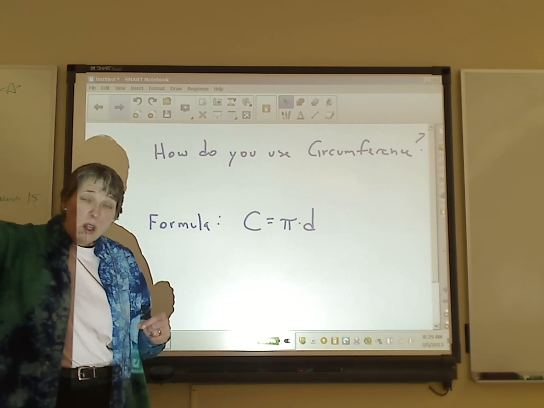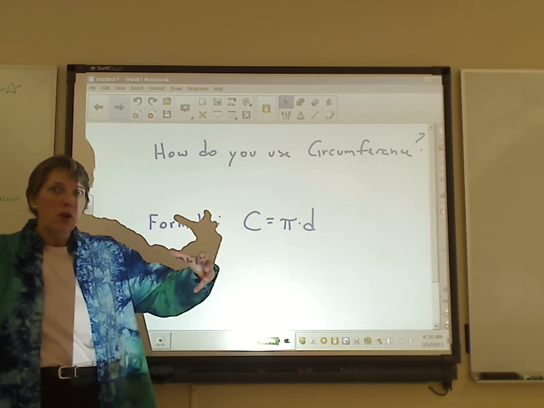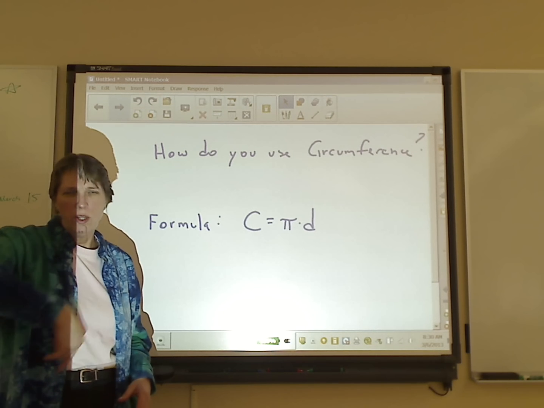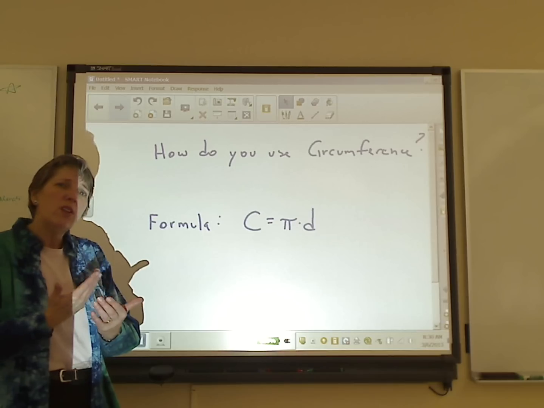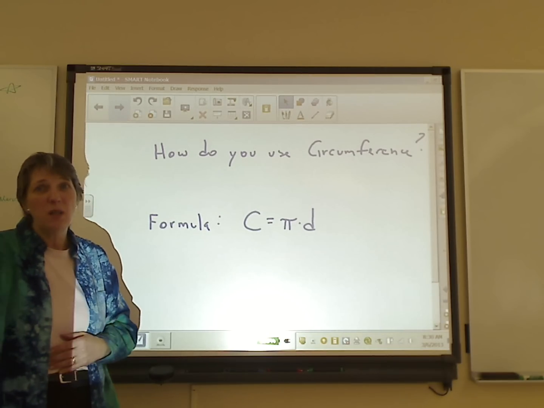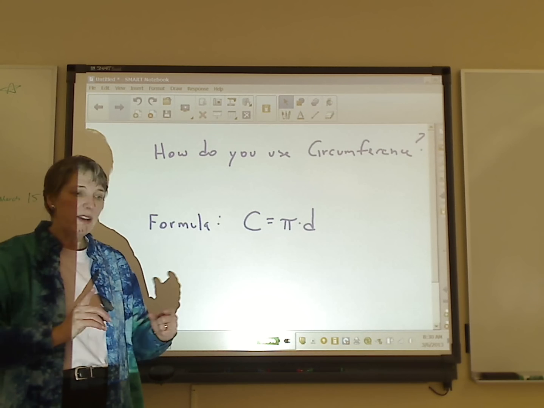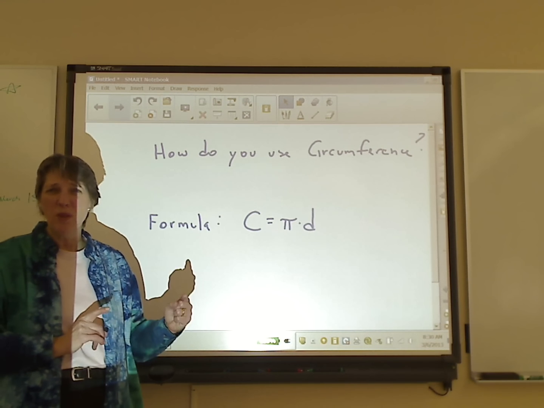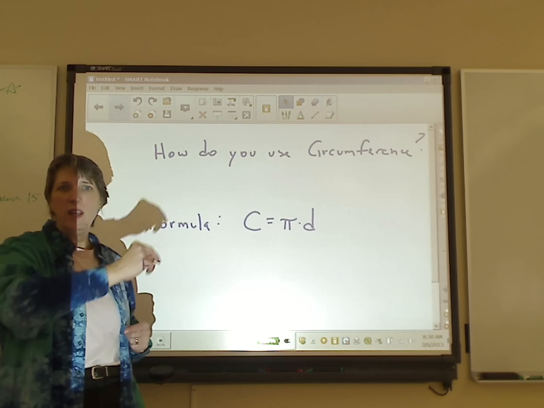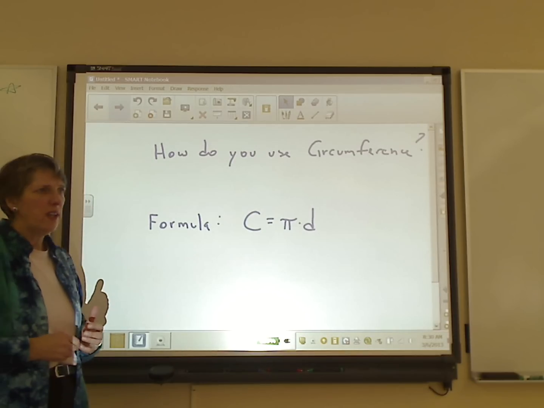When I put the bricks around the circle to encircle the fountain and my flower garden, that would be finding the circumference. I would need to know the circumference of the circle, so I know how many bricks I need to buy to complete the circle. I need to know the length of the bricks I'm putting in, and then I would add up how many I need to go around the circumference of the circle. That's one thing.